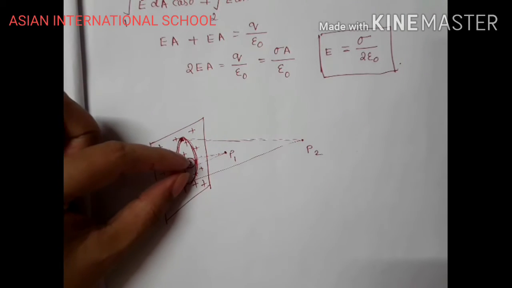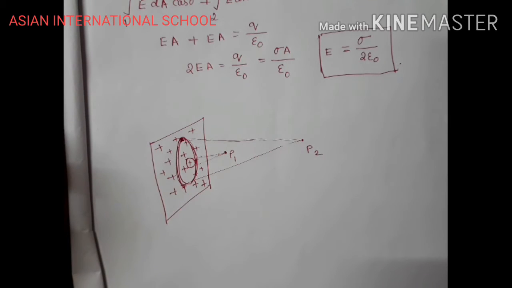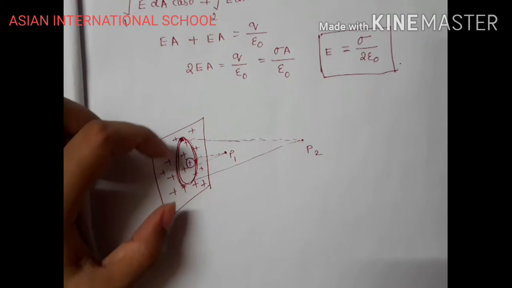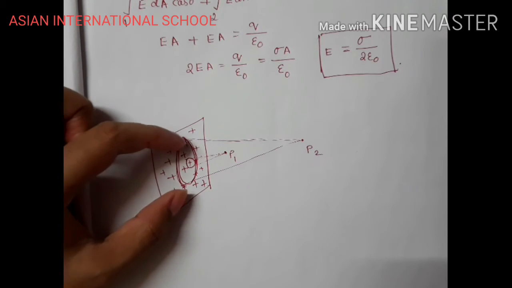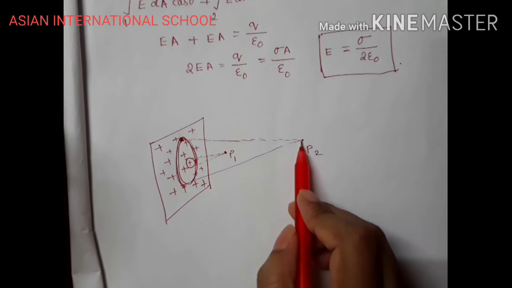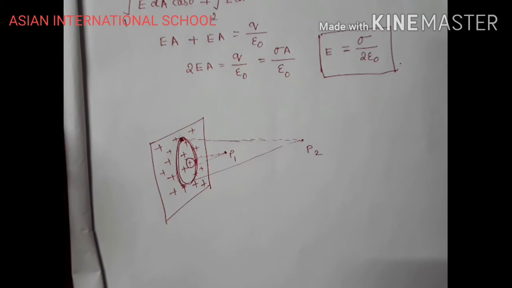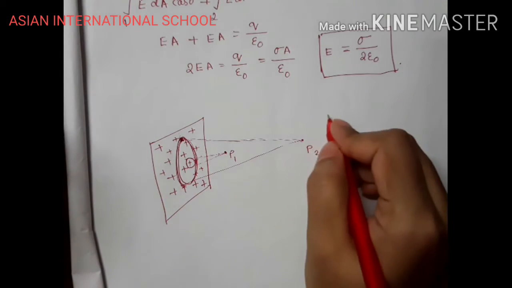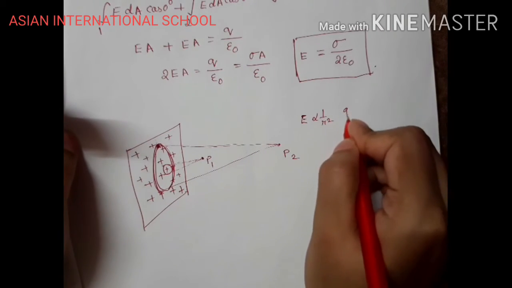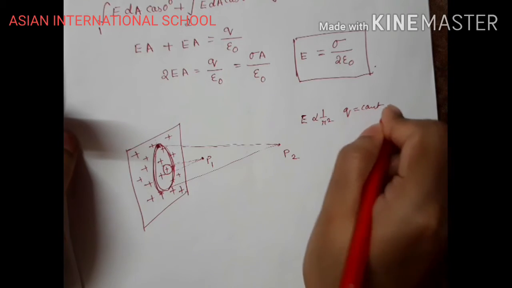For point P1, only this amount of charge is responsible for creating the electric field at point P1. But for point P2, many charges are enclosed, or many charges are responsible for creating an electric field at point P2. That means we know the electric field is proportional to 1 by r square when Q is constant, right?